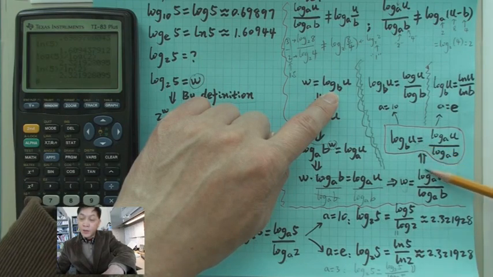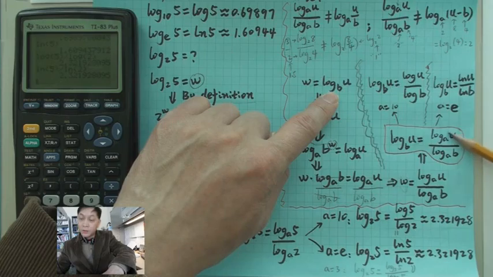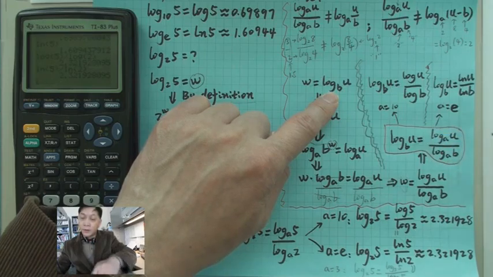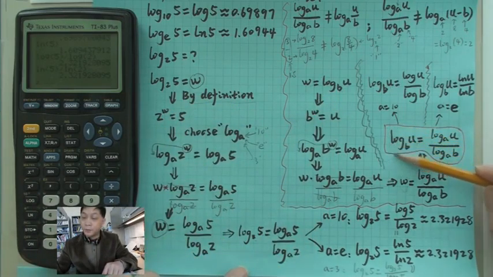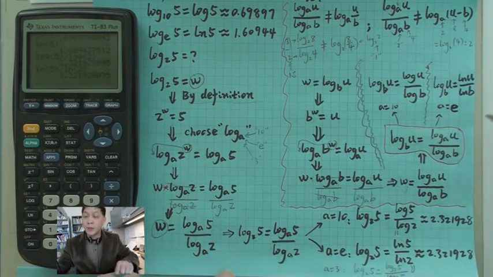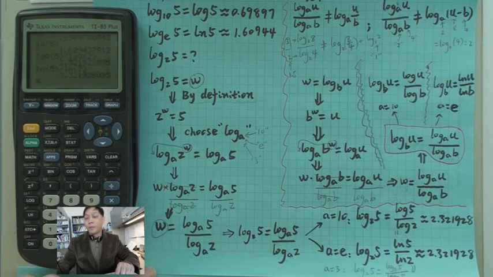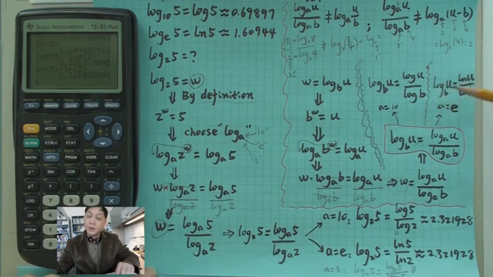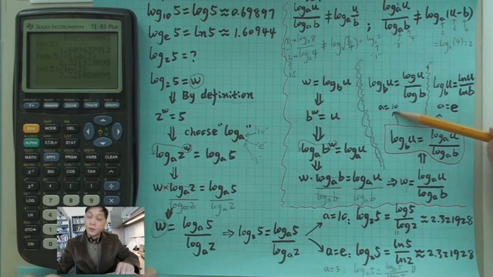And then the right-hand side you keep, and this is the formula: log base B of U equals log base A of U over log base A of B. Here again A can be equal to 10.